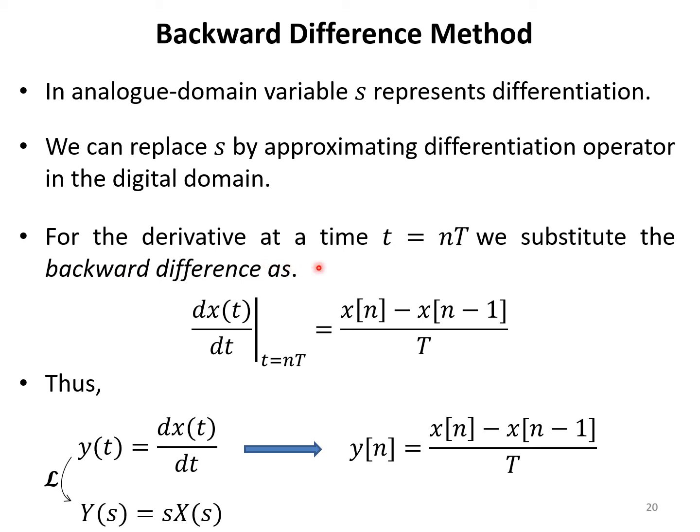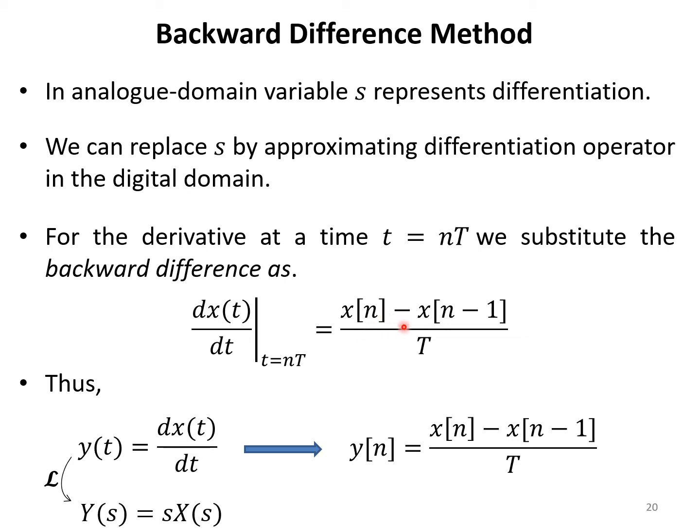For the derivative at time equal to nT, we substitute the backward difference as dx of t upon dt equal to x of n minus x of n minus 1 upon T. So this is basically the backward difference. Backward difference means current sample minus the previous sample. There are also approximations like the forward difference, in which we have x of n and the next sample, right?